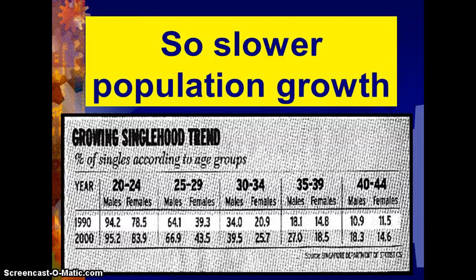On the other hand, if you look at 1990, the number of elderly was 10.9. And by 2000, you find that the number has increased to 18.3. This shows very clearly that the population growth has slowed down and more people are getting older.